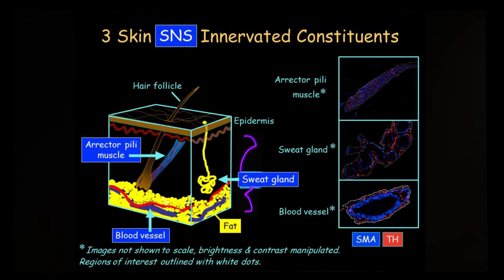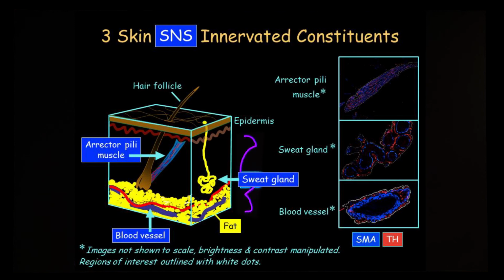There's erector pili muscles. These are little muscles that cause your hair to stand up when you come out of a jacuzzi and go into a cold locker room, let's say. Every hair you've got has a little muscle called an erector pili muscle. It receives pure sympathetic noradrenergic innervation, so it's very handy.